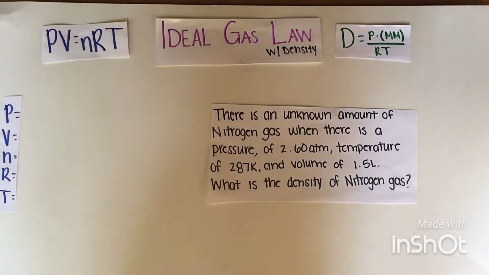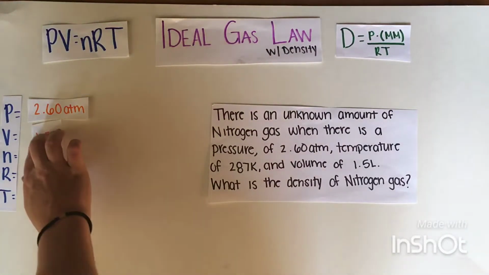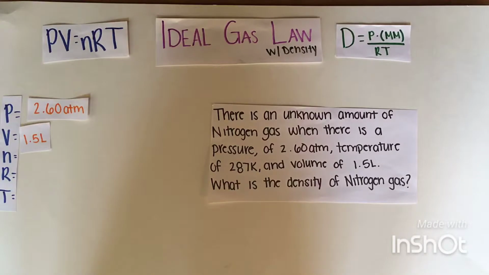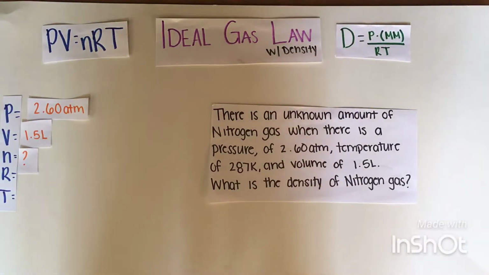So if we look in the equation, it first tells us that the atmospheres are 2.60, so we can fill that in. Next, V, like I said earlier, is volume, so we'll have 1.5 liters. Now, if you see, it doesn't say anything here about grams or moles, so we're going to leave that blank, put a question mark right there, because that's what we'll be solving for.